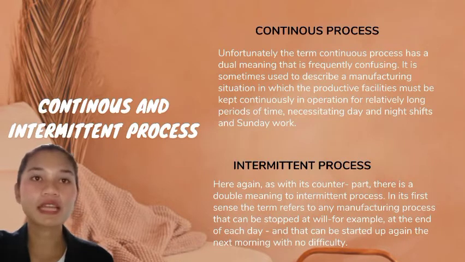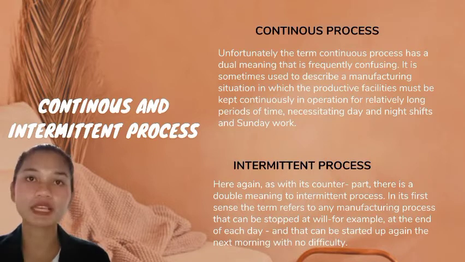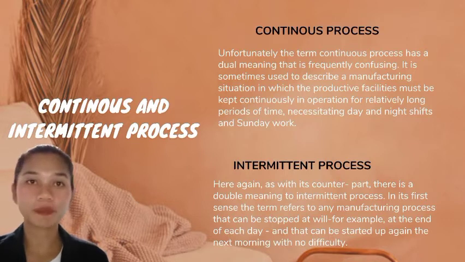The next slide is the continuous and intermittent processes. A second classification of production processes includes continuous processes. The term continuous process is sometimes used to describe a manufacturing situation in which productive facilities are kept in operation for a relatively long period of time.